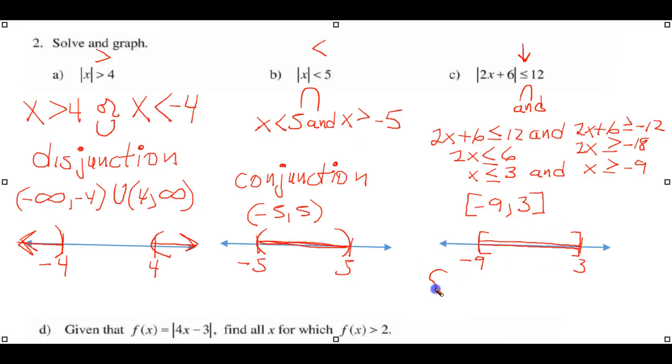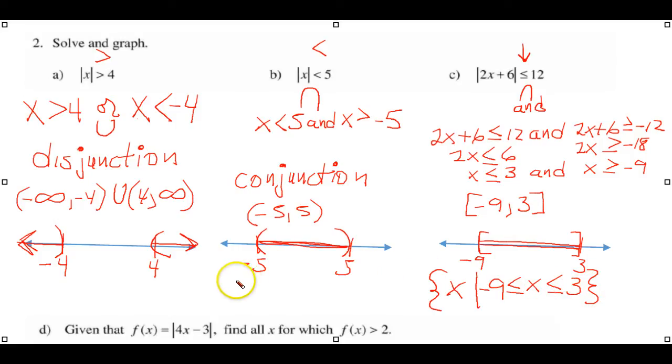Again, you would use a brace, and you would say x is such that x, and you would start with a negative 9, and then here is less than or equal, what's in the middle is x, and is less than or equal to 3. So that's set builder notation.